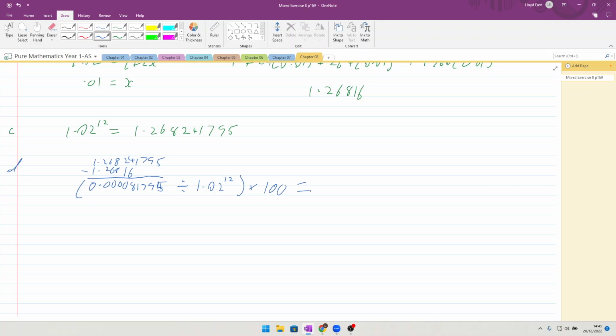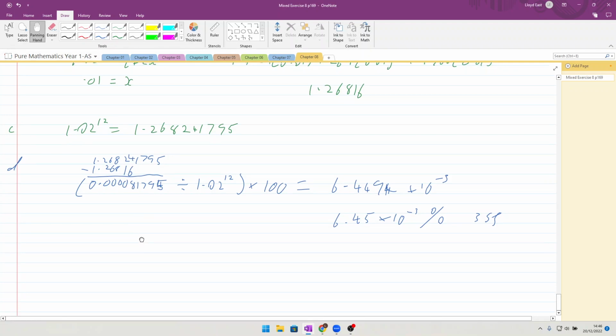Divided by 1.02 to the 12, which is very small, times by 100, gives me 6.4494 times 10 to the minus 3, so 6.45 times 10 to the minus 3% to 3 significant figures. Very good.